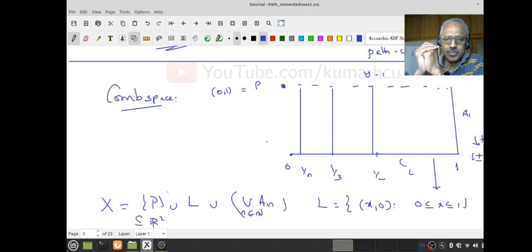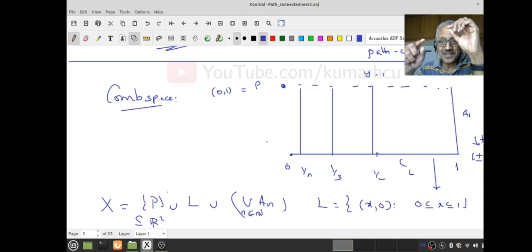I want you to think of 2 points, call them A and B, and say that A is not path connected to B. Can you think of some point? One point should be obvious to all of you. What is that point? P, correct?